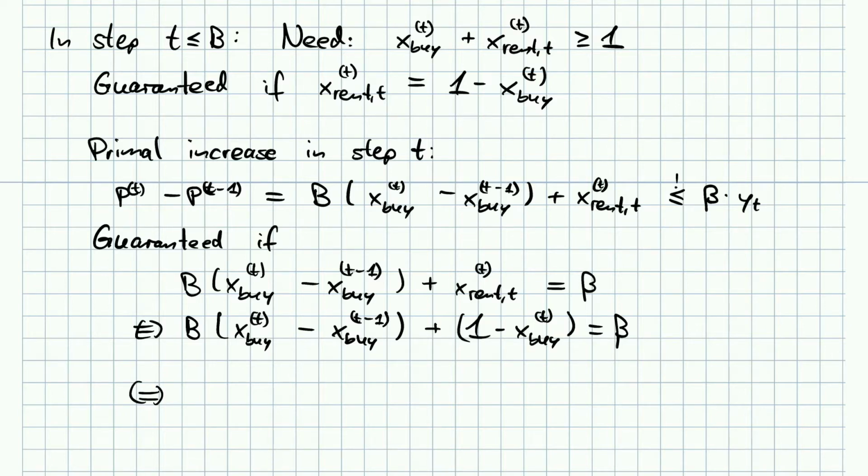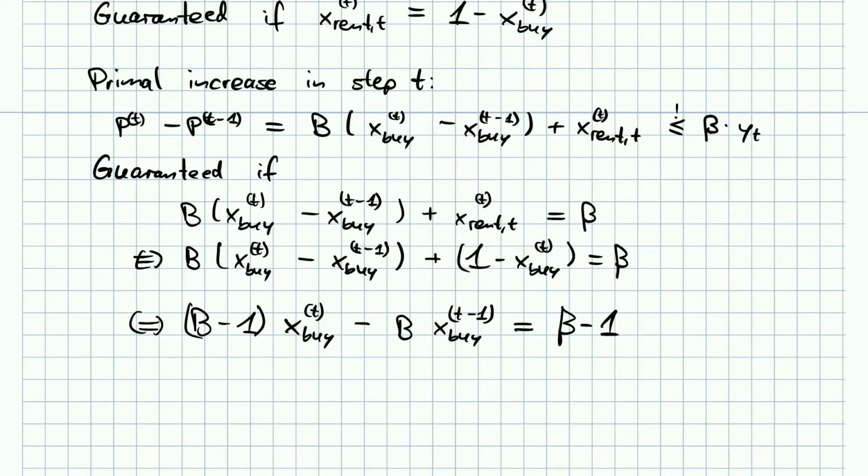We will need that b minus 1 times x by t minus b times x by t minus 1, and this is equal to beta minus 1. x by t has to be equal to beta minus 1 over b minus 1 plus b over b minus 1 times x by t minus 1.